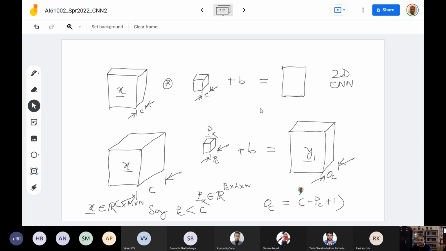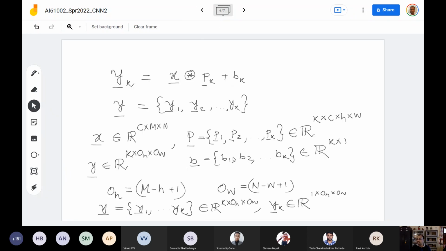Now you can actually draw a parallel. When I was doing the 2D case, what did I get as my dimension? In the 2D case, it was translating along the horizontal and vertical direction. So my dimension along the vertical direction, the count of rows, was basically number of rows in input minus number of rows in the convolutional kernel plus 1. Similarly, my number of columns in the output was equal to number of columns in input minus number of columns in the convolution kernel plus 1.